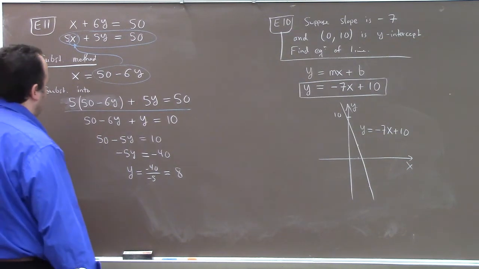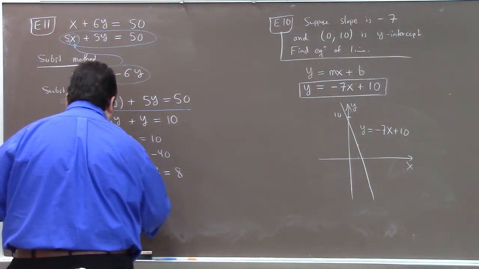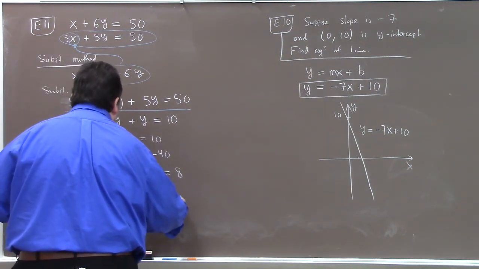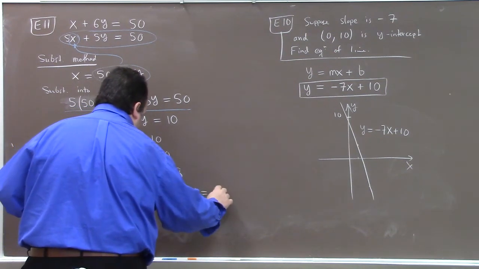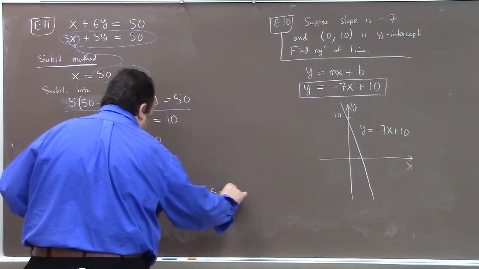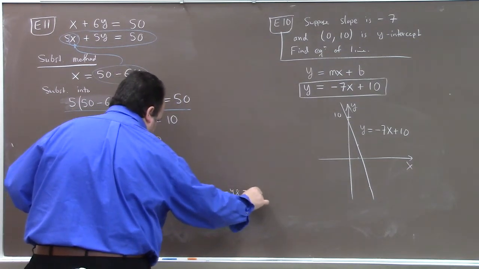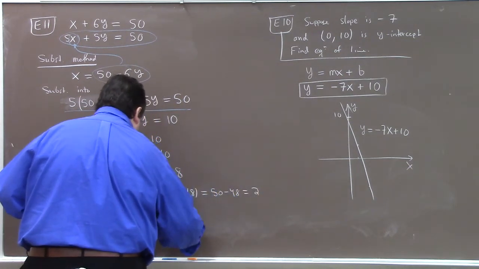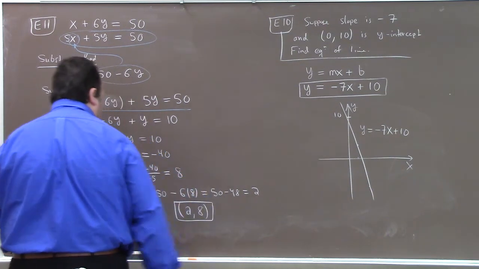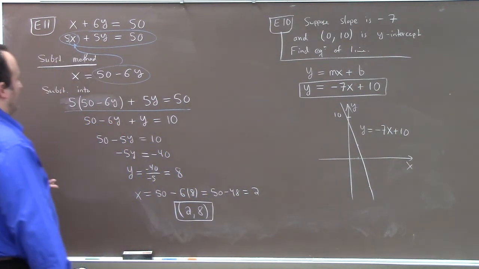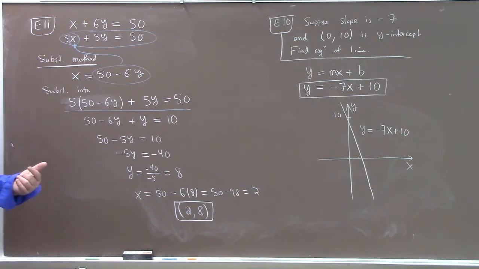And then x is equal to 50 minus 6 times 8, right? That's 50 minus 48, which of course is 2. So the solution is (2, 8). So this is the substitution method. What was the other method we did?